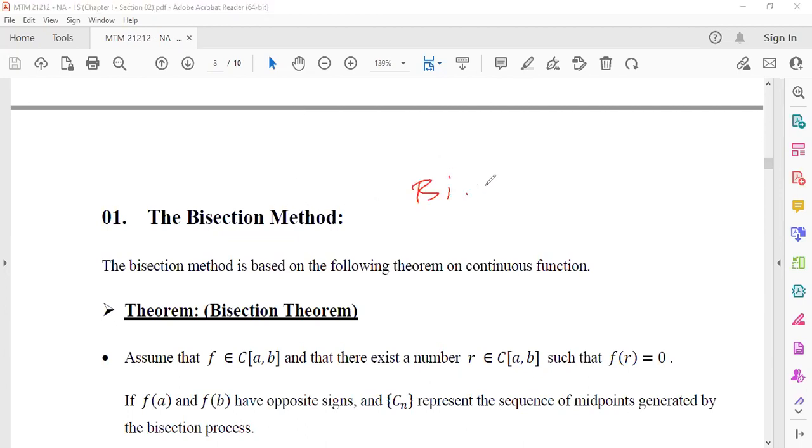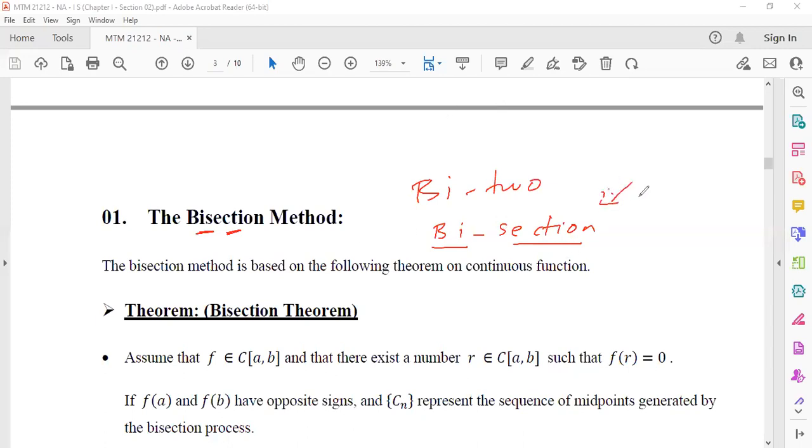This bi means 2. So bisection means what? You can take this word and split it into two words, okay? Bi and section. What do you think section means? We already talked about this one, no?